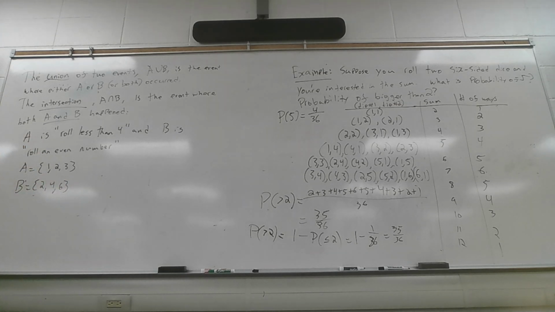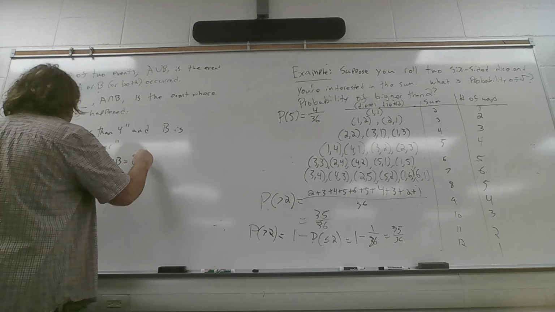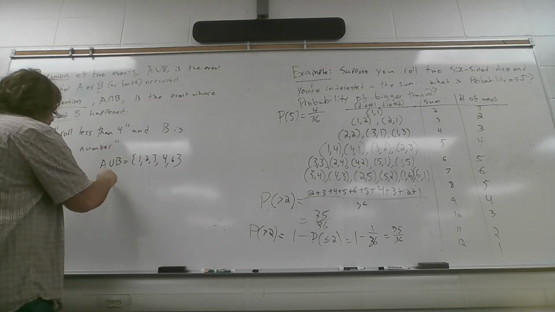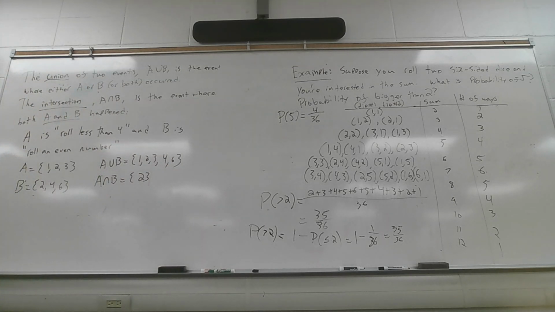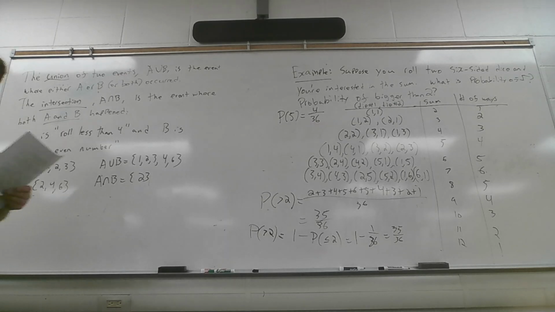And hey, now these are just sets, right? So the operations behave exactly like they did for sets. A union B is 1, 2, 3, 4, 6. A intersect B is just 2. It's the only even number that's less than 4. Right, so these are now outcomes in an event, right? So what are the possible outcomes of rolling less than 4 and rolling an even number, just 2? That's the only thing that could happen if you wanted that to be true.